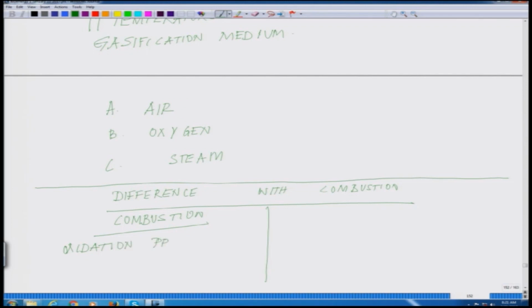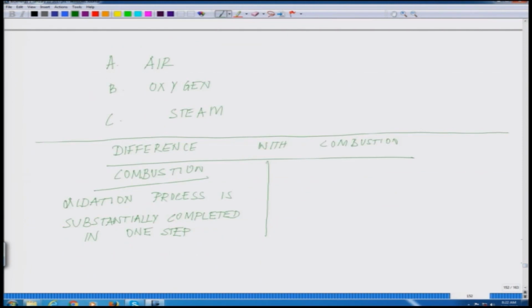The oxidation process is substantially completed in one step. So, remember this: it is completed in a single step process. Let me highlight this part, it is a single step.